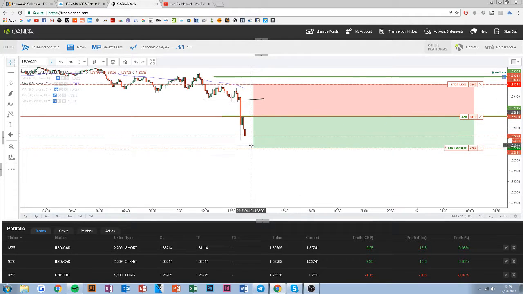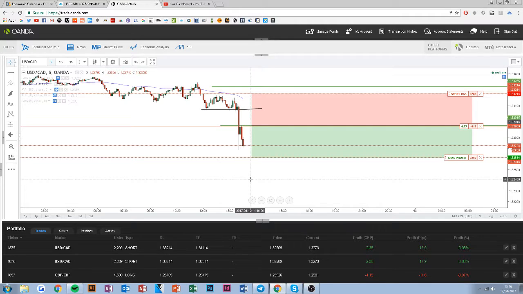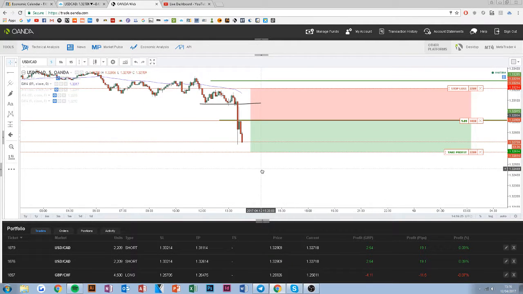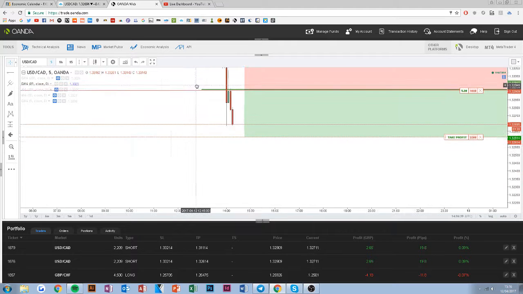This might come and hit my first profit level pretty soon, within the next 5-10 minutes possibly. Remember, as soon as that happens, stops straight to break even. That means you're in a risk-free trade, you can't lose any money, and you're good to go.